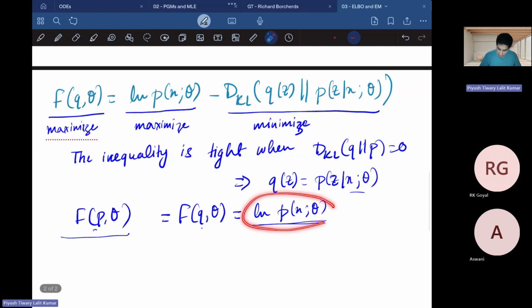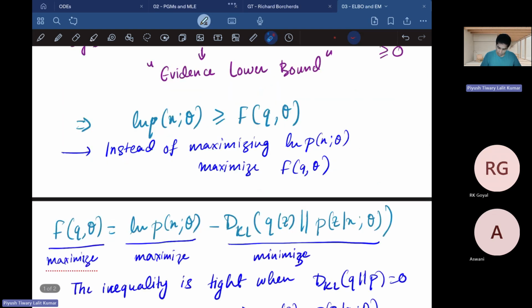We want to maximize this thing. But we saw that we cannot use the information of Z by directly optimizing this thing. We need to accommodate the latent variable as well. And we saw that what we can do is work with an alternate objective, which is this ELBO.